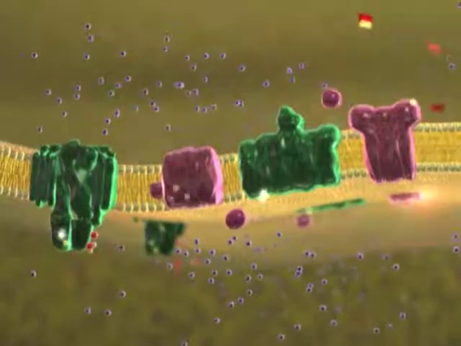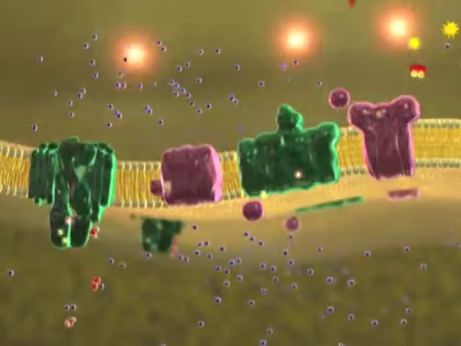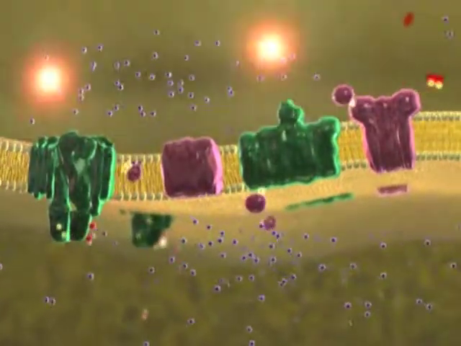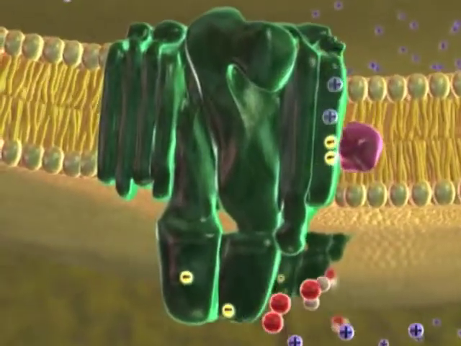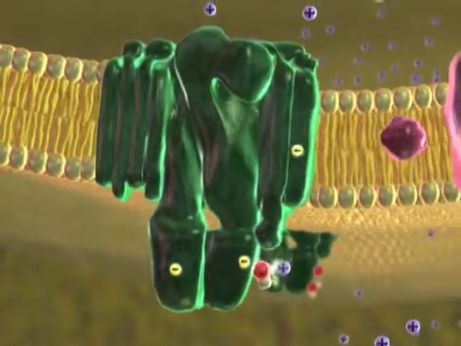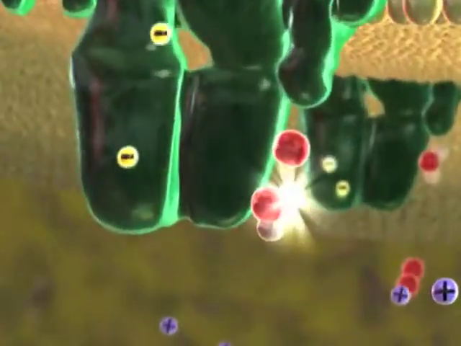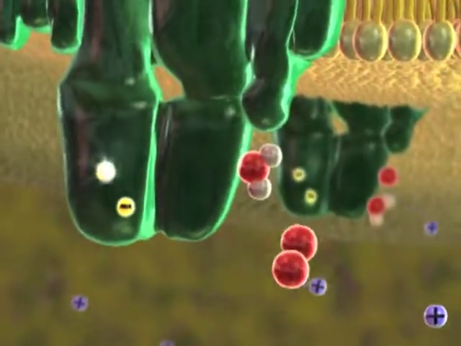Notice the small mobile electron carriers that shuttle electrons from one large complex to another. Now let's take a closer look at the steps of the light reactions. The photosystem on the left absorbs light energy, exciting electrons that enter the electron transport chain. Electrons are replaced with electrons stripped from water, creating oxygen as a byproduct.